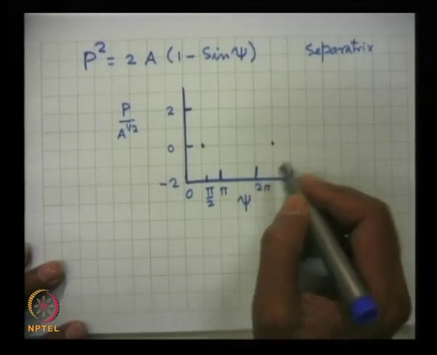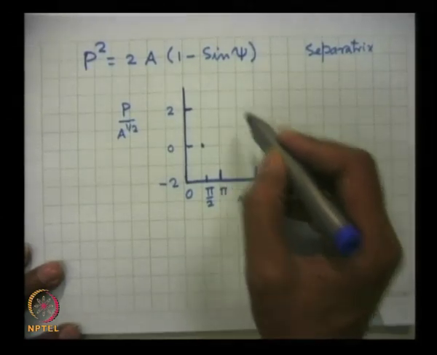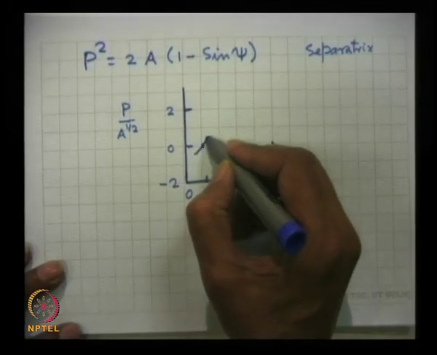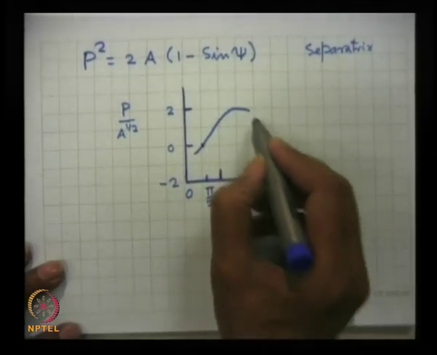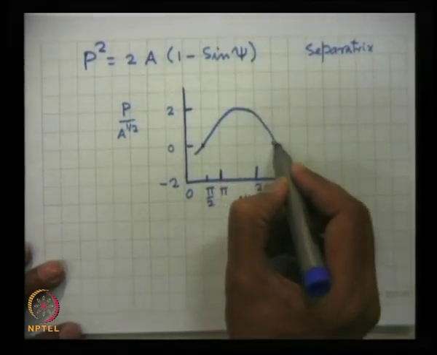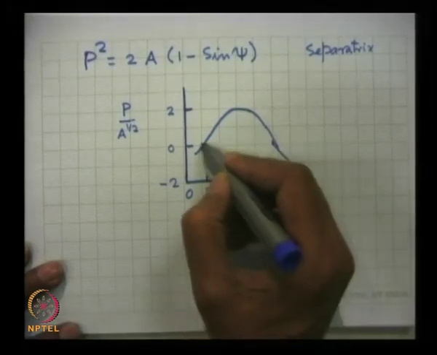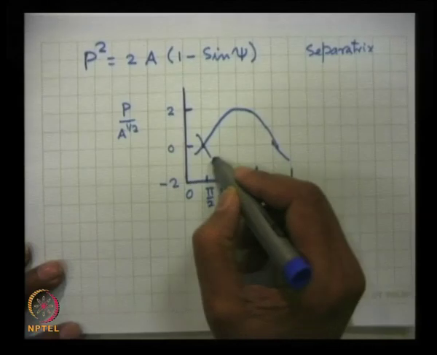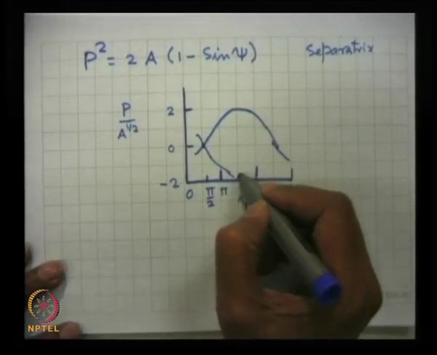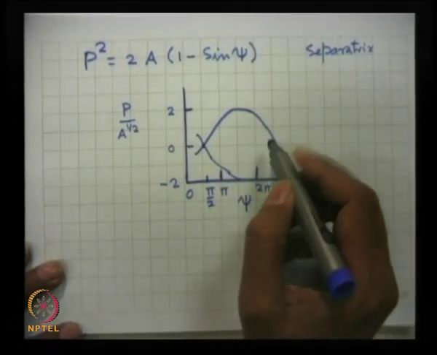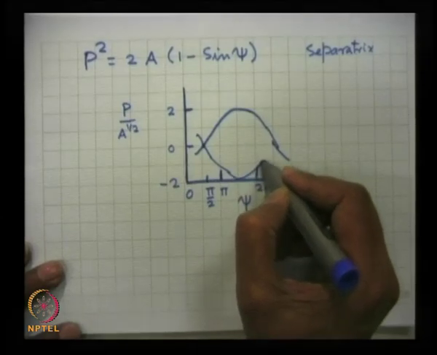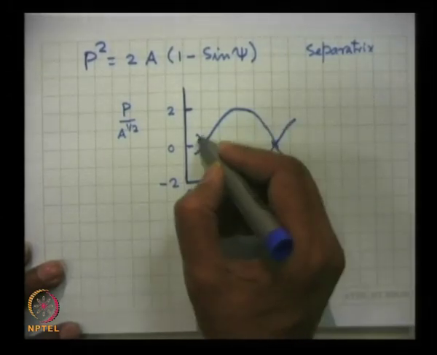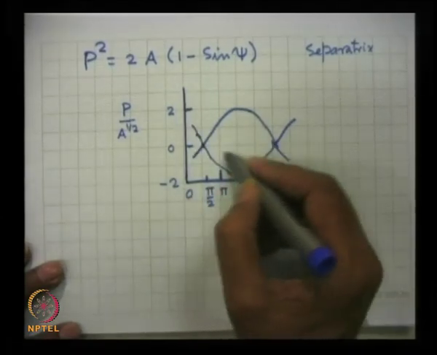So, you will get 2 zeros here and you will get a maximum here and a 0 here. So, this will be like this. And this will be 0 here, something like that.